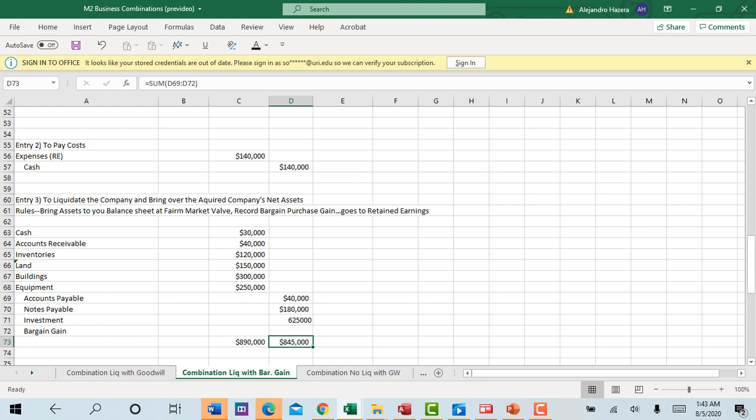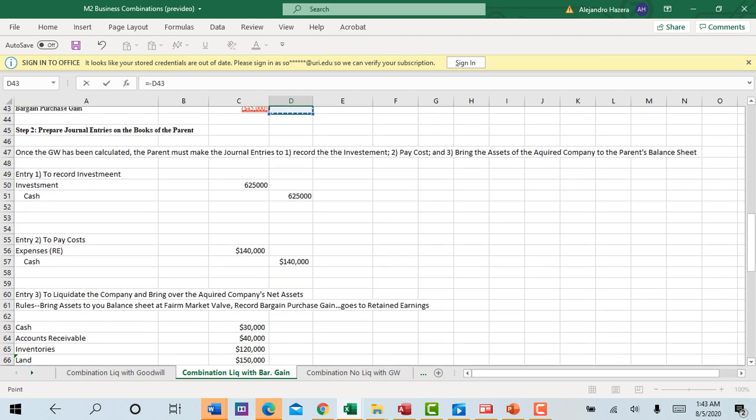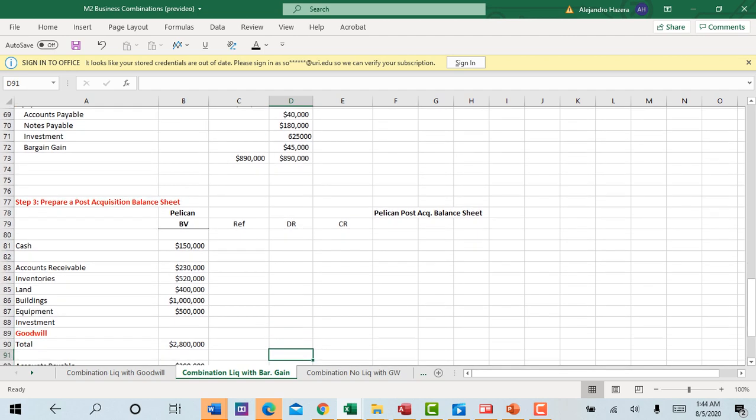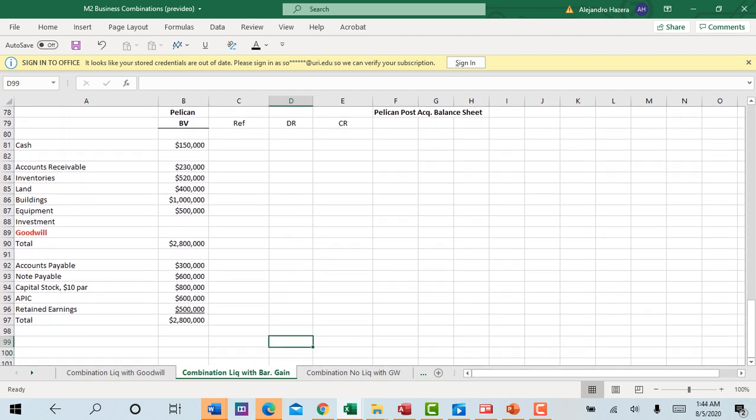Okay, so the difference is 45,000. And so if I go up and bring down my bargain purchase gain, there it is, 890. So I should equal. As long as my beginning balance sheet equals, which it does, and my journal entry equals, the post-acquisition balance sheet should equal.